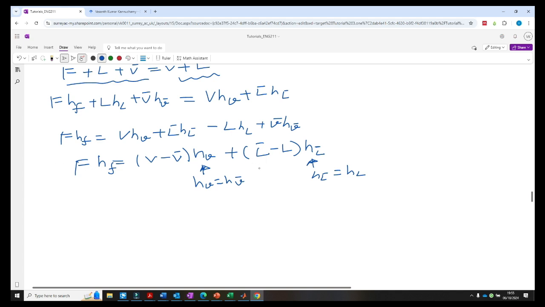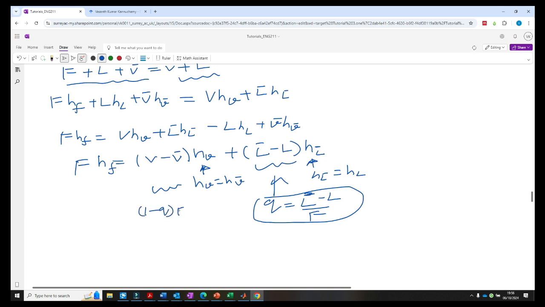Let's plug in what we already obtained from the mass balance equation. From the mass balance equation we obtained Q is equal to L dash minus L by F. And we also know that 1 minus Q into F is equal to V minus V dash.